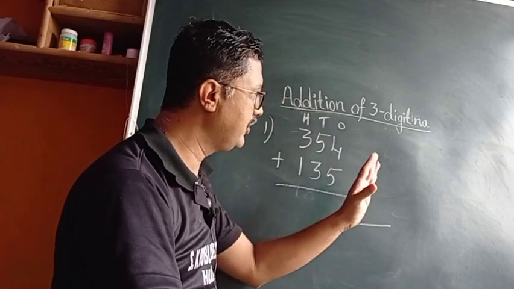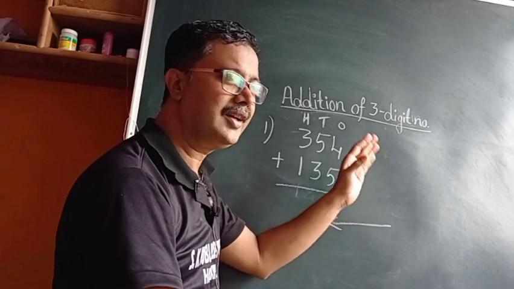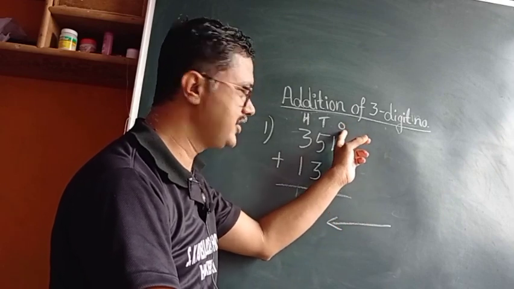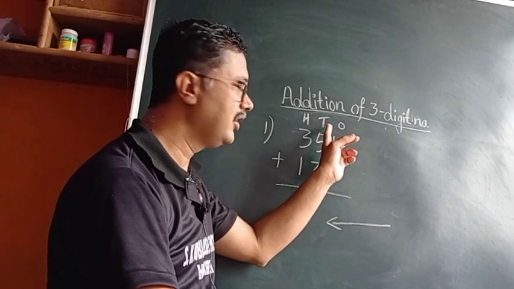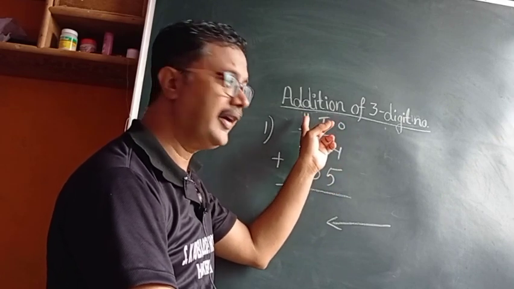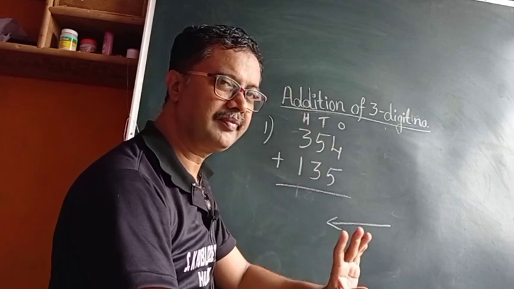According to this place value chart, we consider ones place or unit place, tens place and 100 place.